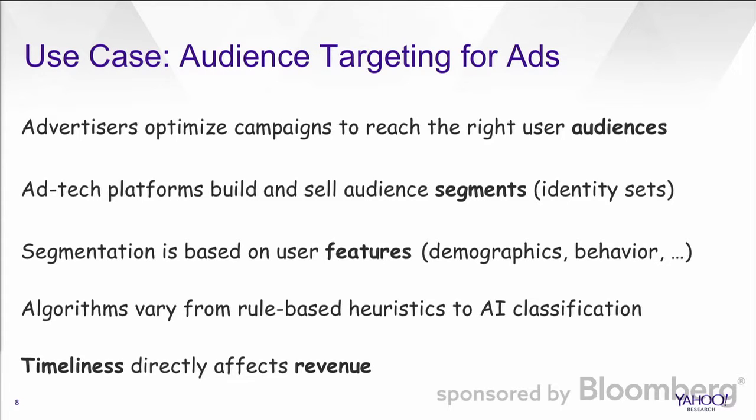And one of the things is, which users do I want to see my ad? And this is why users are divided into segments. These segments can be built from many features, for example age, gender, location, hobbies, browsing history, products that I purchased, and stuff like that. And a user can appear in many segments, like an 18-year-old male who likes to purchase electronics from Amazon.